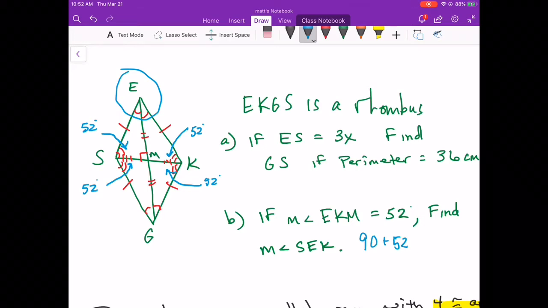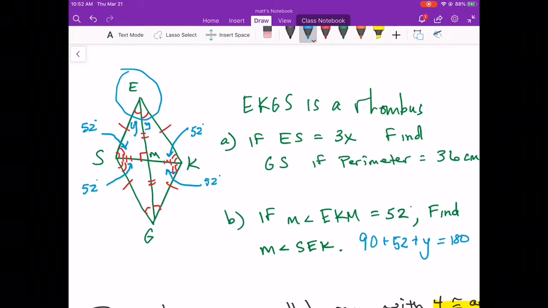And then the angle that they want us to find, or at least half of that angle, SEK, is SEM. This angle right here, where I'm going to put that dot, that's SEM. We don't know what that is, but as soon as I know what that angle is, I'll call it Y. We know that those three angles should add up to 180 degrees because they're the angles of a triangle. And if I could figure out what Y is, then I'll also know what this angle is right here, which means I can add them together and get the total for SEK.